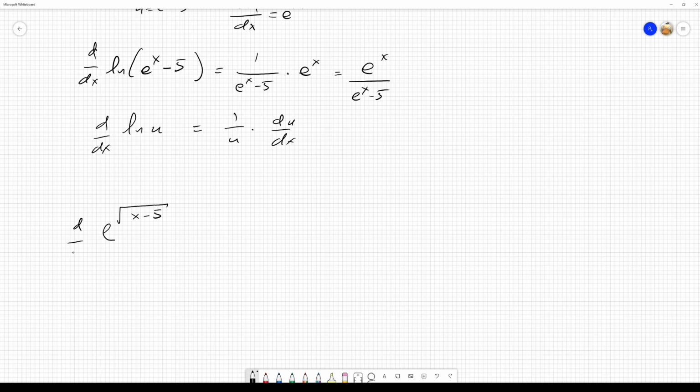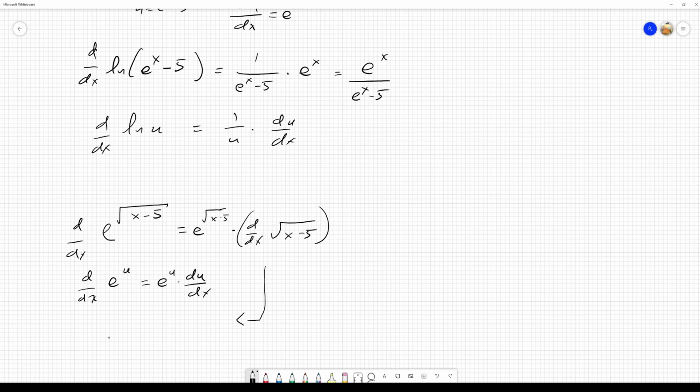So if I take the derivative of this, then this is the derivative of e to the u, which is just going to be e to the u times the derivative of u with respect to x. So that's the e to the u is e to the square root of x minus 5. But then I need to multiply that by the derivative with respect to x of the square root of x minus 5. And then this has to also be done using the chain rule.